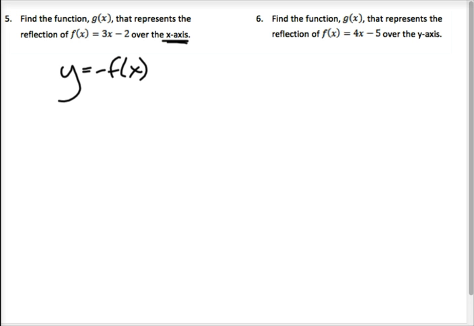Now, what that is telling you is in order to reflect something over the x-axis, you need to make your whole function negative. You take the opposite of the entire function.